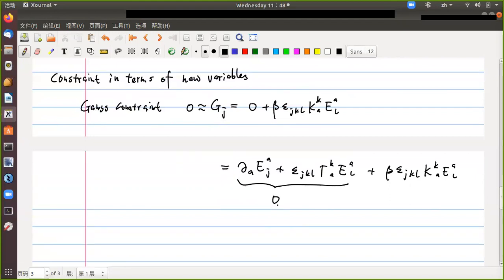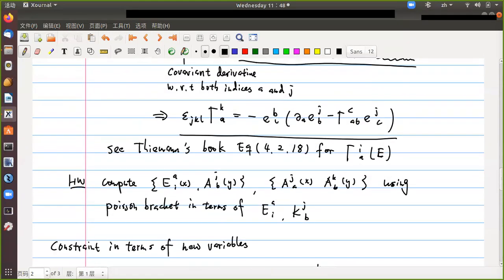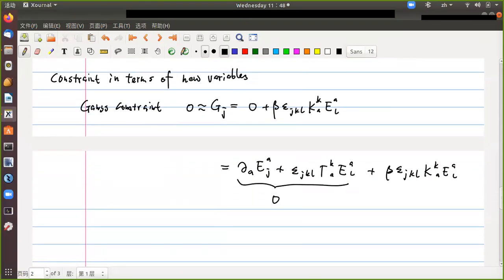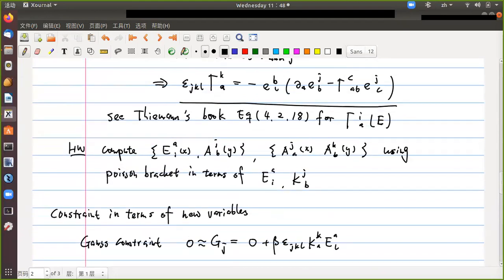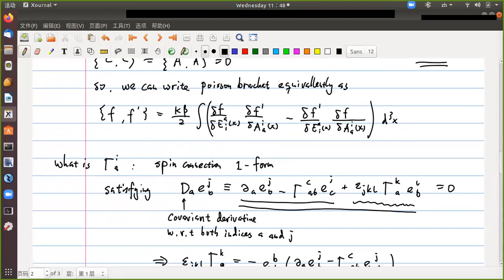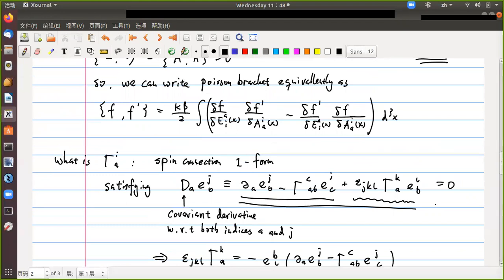So this is actually coming from the definition of gamma. Yeah, and if you can understand the meaning of this formula, you should be able to see immediately that the quantity equals 0.